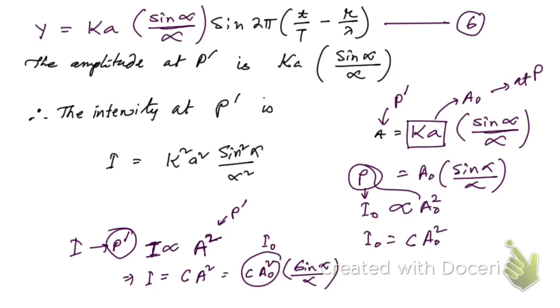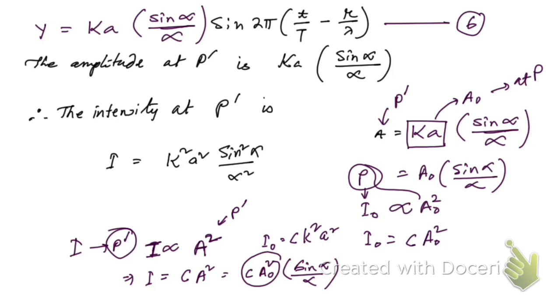So that's what we can say, that this I naught is equal to C A naught square, which means you can say C K square A square.